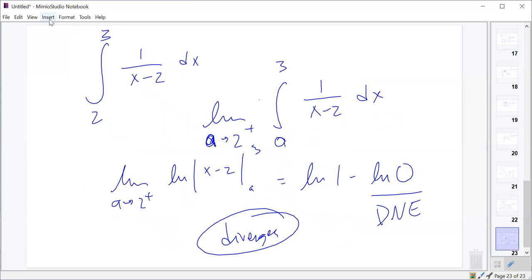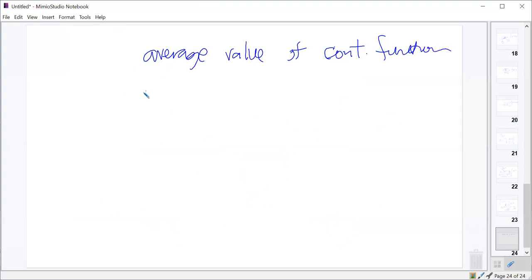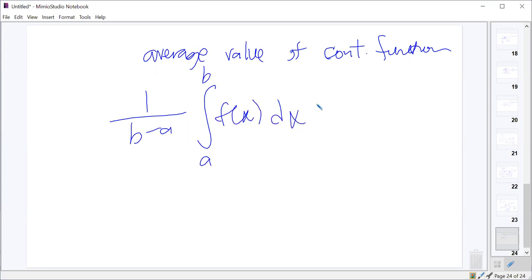One other thing: anytime you're looking for the average value of a continuous function, remember that's 1 over b minus a times the integral from a to b. You should know that, the mean value theorem for integrals. Just wanted to quickly mention that also.